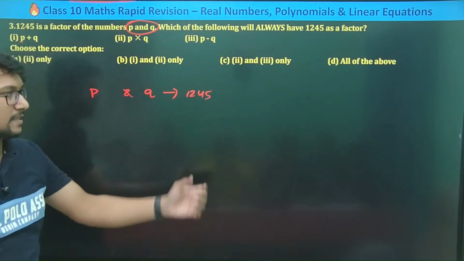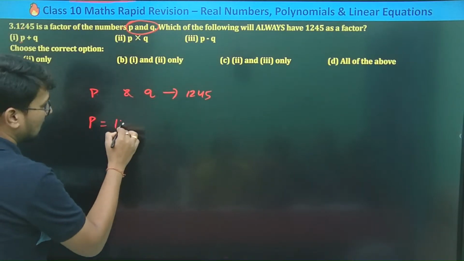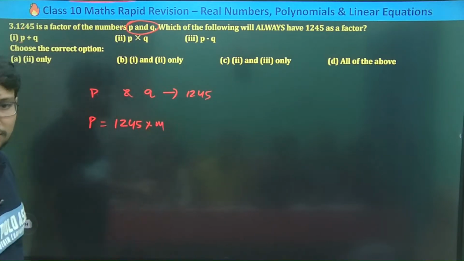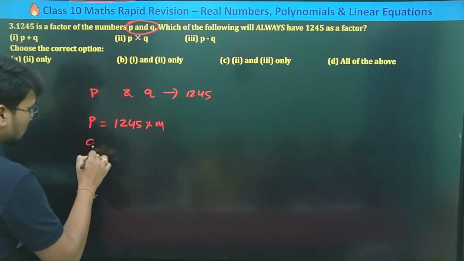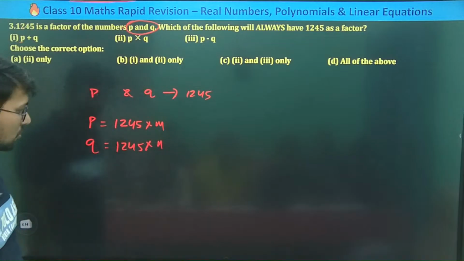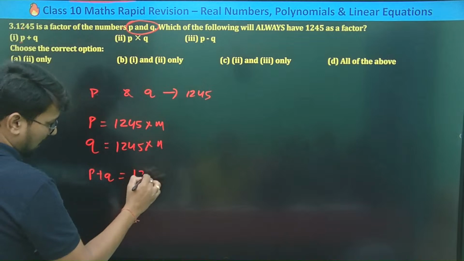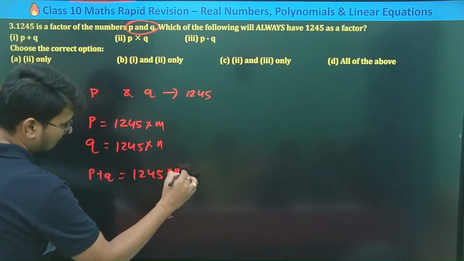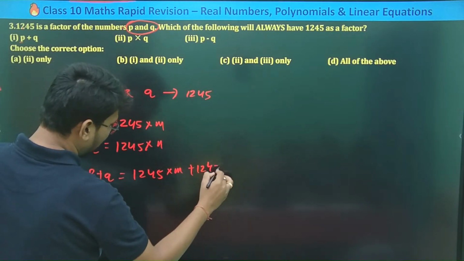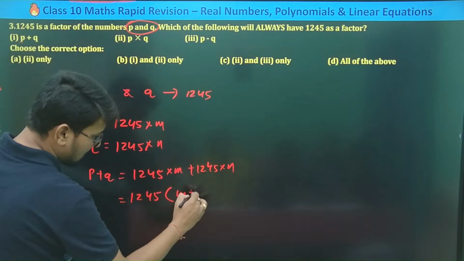This is a factor of P as well as Q. Therefore, P can be written as 1, 2, 4, 5 into M, and Q can also be written as 1, 2, 4, 5 into N. So P plus Q is 1, 2, 4, 5 into M plus 1, 2, 4, 5 into N. Therefore 1, 2, 4, 5 is common, and M plus N is left.